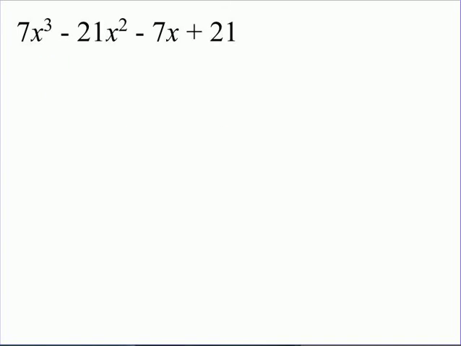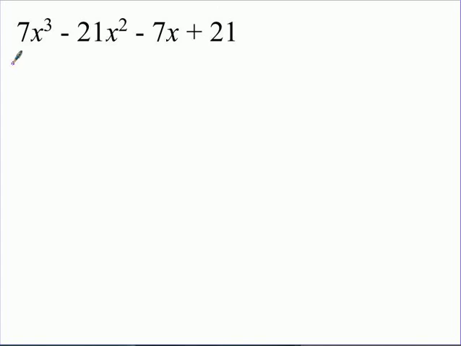Alrighty, 4 terms. 7x cubed minus 21x squared minus 7x plus 21. Okay, first things first. We always have to take out what's in common. 7 goes into all of them, so let's factor that out.